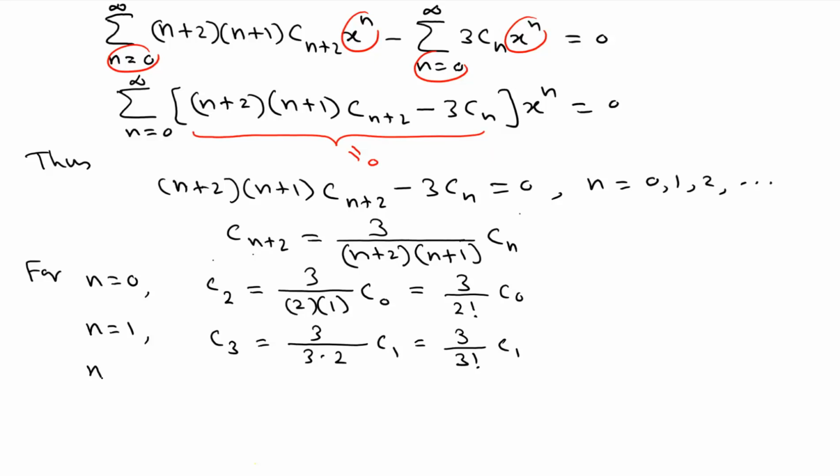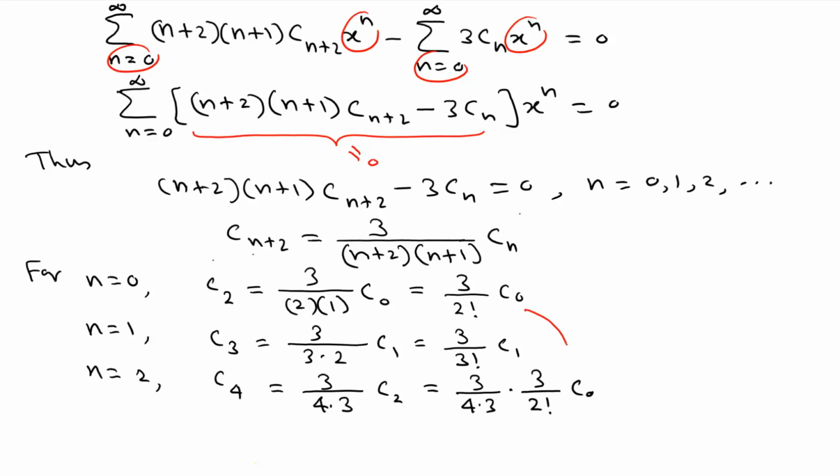Again, n equals 2, so you get C4, which is 3 over 4 times 3, C2. Actually, we already know what C2 is, so we can plug that in. That means it is 3 over 4 times 3, times 3 over 2 factorial, C0.